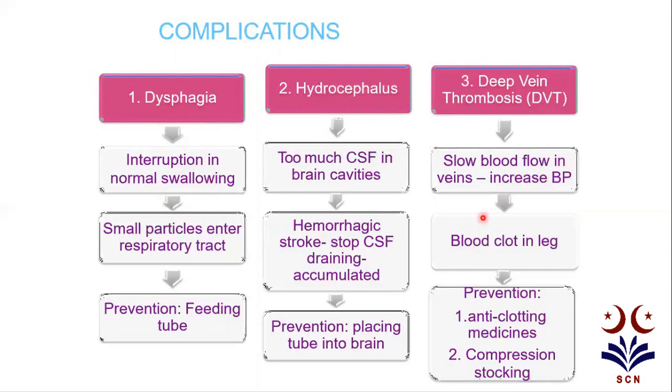There is increased blood pressure, a blood clot in the leg, and the clot can ascend upward into the vessels in the central nervous system and lead to stroke. So you need anti-clotting medicine and compression stockings. This certain stocking put onto the legs prevents the DVT, the deep vein thrombosis.